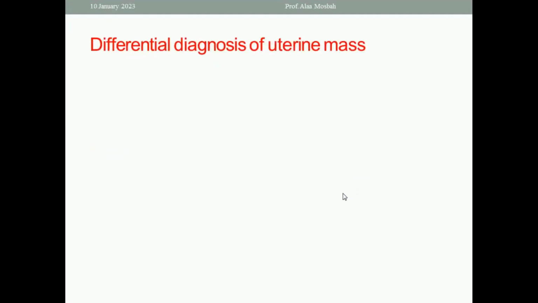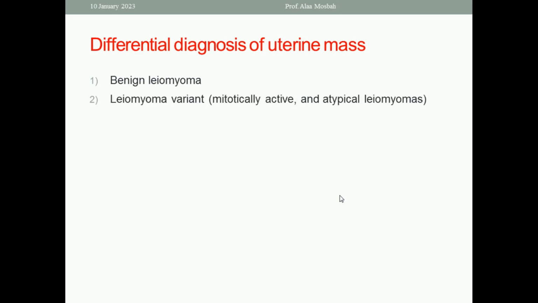So let us go to the next point, which is the differential diagnosis of uterine mass. Maybe benign leiomyoma, very common as I said before, affecting a large number of women during childbearing age, reaching up to 25%.